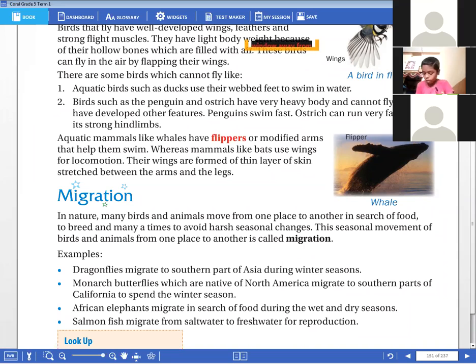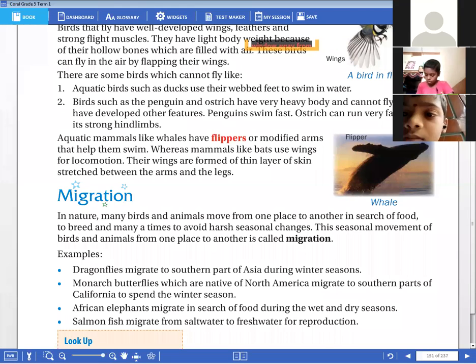What is a dragonfly? Dragonfly is nothing but, children, we'll call them as Thuniga. So they migrate to southern parts of Asia. They actually live in maybe northern parts of the Asian continent, and they migrate from northern Asia to southern Asia during winter season, which is cold.